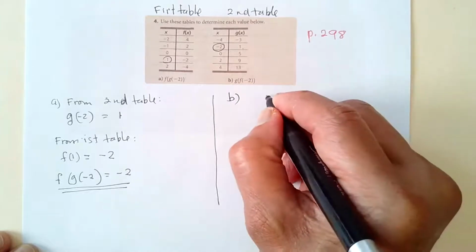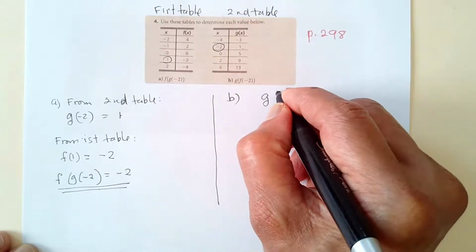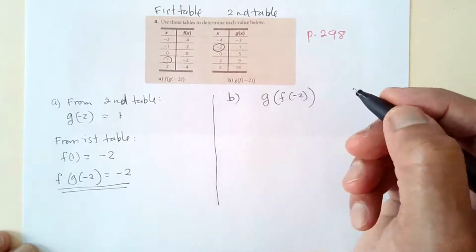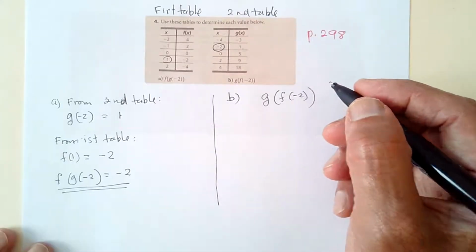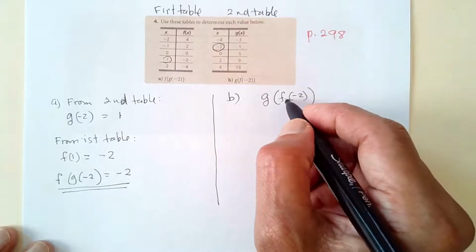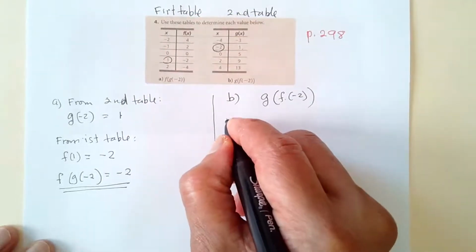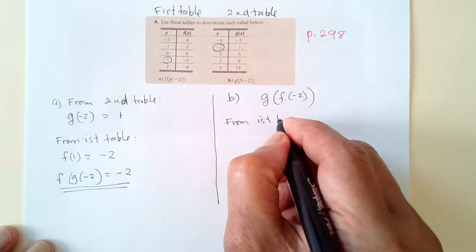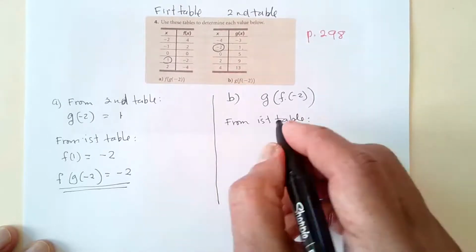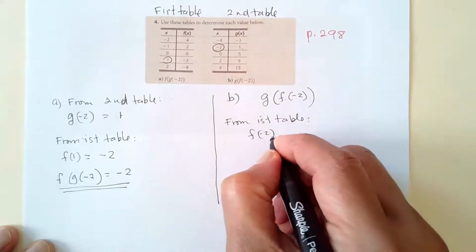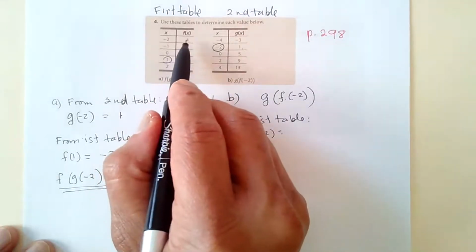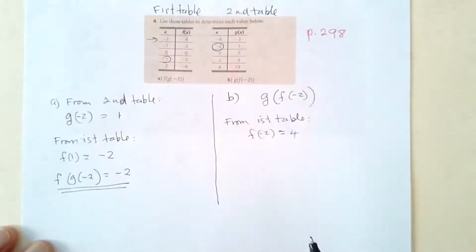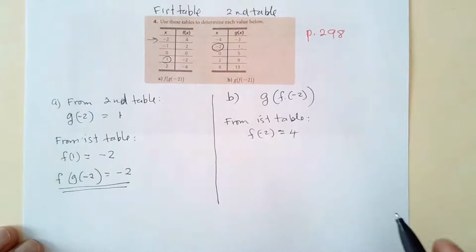Next, we need to find g of f of negative 2. So now we have to go to the first table. f of negative 2 is equal to 4. So here we have f of negative 2 equal to 4.